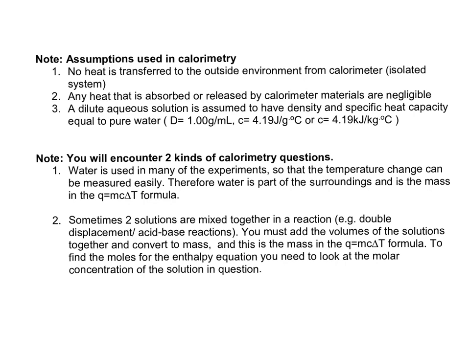You have to add the initial volumes of the solutions together to get a total volume and convert that to mass. That's the mass that you use in the calorimeter equation. To find the moles for the enthalpy equation for the system, you need to look at the molar concentration of the solutions in question. So you will need to use C equals n over V, or concentration times volume is equal to the moles.